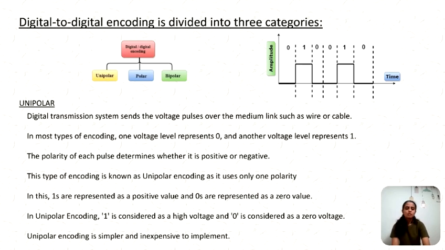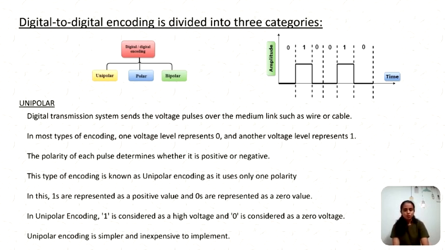Firstly, we'll see what is unipolar. In unipolar, the digital transmission system sends the voltage pulses over the medium links such as wire or cable. In most of the encoding, one voltage level represents 0 and another voltage level represents 1. The polarity of each pulse determines whether it is positive or negative.